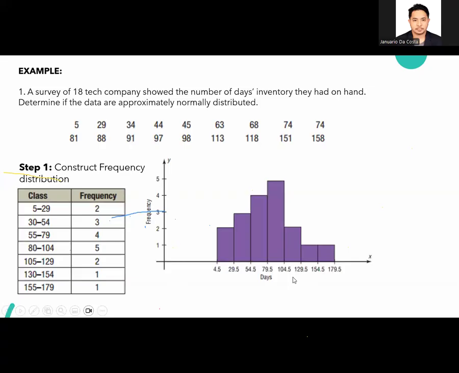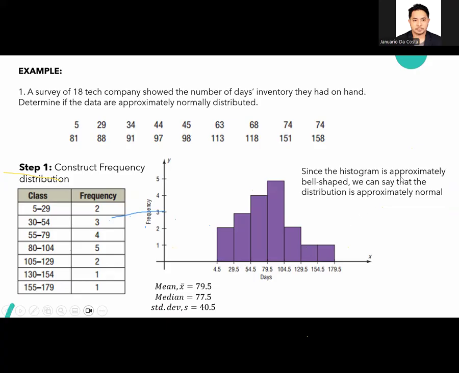This looks like a normal distribution, but not quite. But you can use Pearson's coefficient to calculate how normally distributed your data is. Your mean is 79.5, your median is 77.5, your standard deviation is 40.5. Since the histogram is approximately bell-shaped, we can say the distribution is approximately normal.